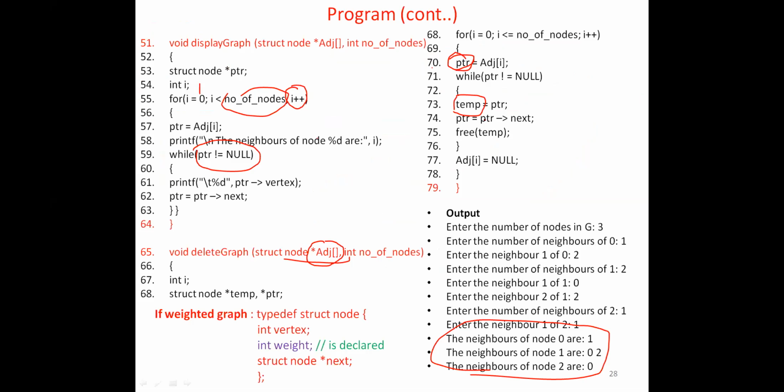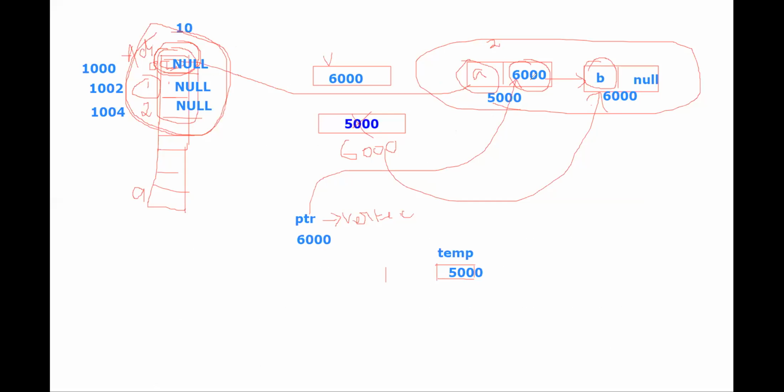So once I have done this, temp is pointing there, then pointer next. Who is the pointer next? 6000. 6000 is assigned to pointer. Previously it was 5000, because we pass the adjacency 0 to pointer, and again I am passing the 5000 to the temp. Done.